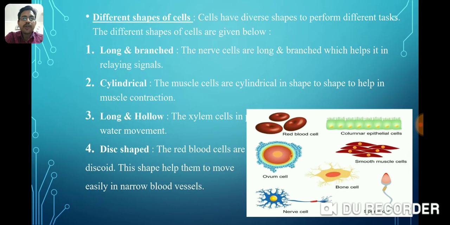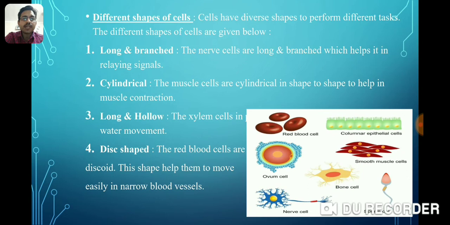Let's talk about different shapes of cells. Cells have diverse shapes to perform different tasks. The different shapes of cells are given below. First, long and branched. The nerve cells are long and branched, which helps in relaying signals. Cylindrical. The muscle cells are cylindrical in shape to help in muscle contraction. Long and hollow.